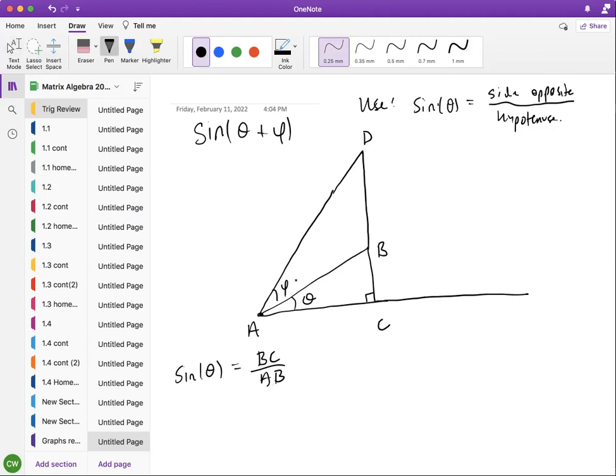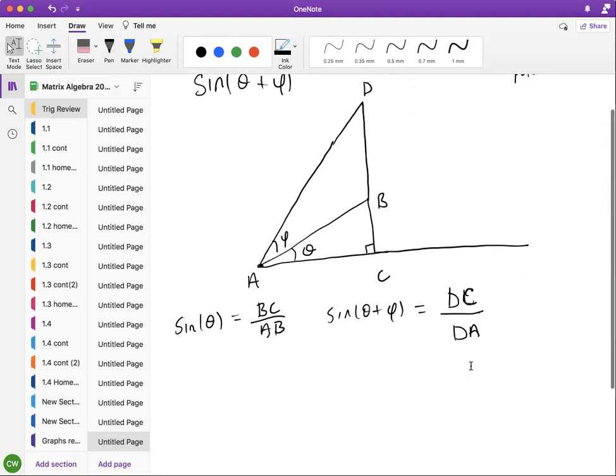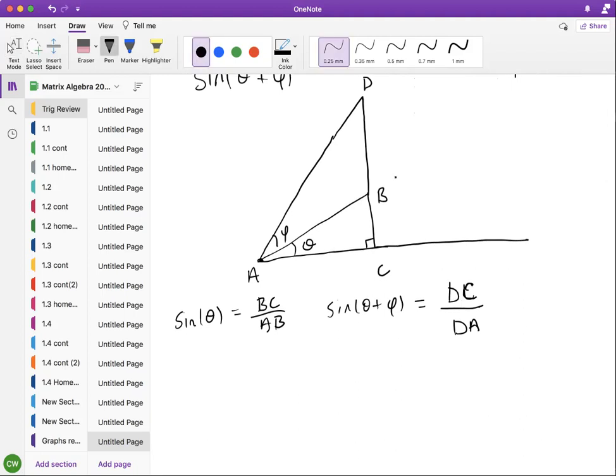By this construction, we don't know what sine of phi is because this is not a right triangle, but we do know that sine of theta plus phi is equal to the full length DC divided by the hypotenuse of the big triangle, DA. However, we don't know what these lengths are. We don't know what DC or DA are. So we're going to do some things.